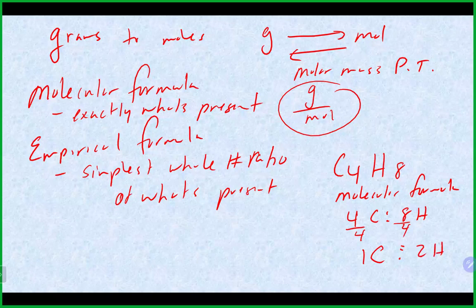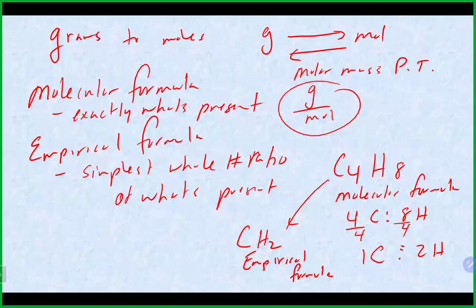That would be our reduced empirical formula, CH2. So if you have the molecular formula and you want the empirical formula, look at the subscripts and reduce them all down by a common number. The key is that you still have whole numbers.